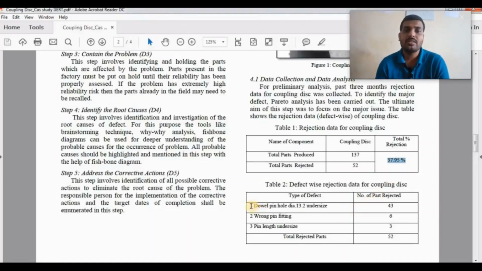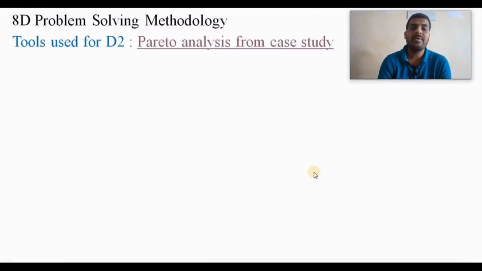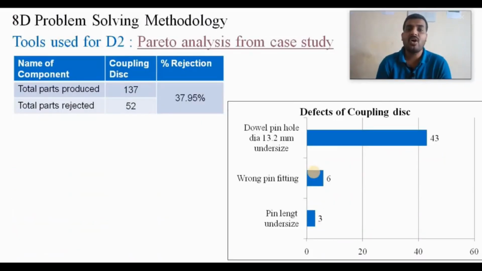As you all know, Pareto analysis depends on the 80/20 rule. It means that 80% of the problems are due to 20% of the causes. So by minimizing the 20% of causes, you can have the effect of 80%. For this, the Pareto analysis is used.